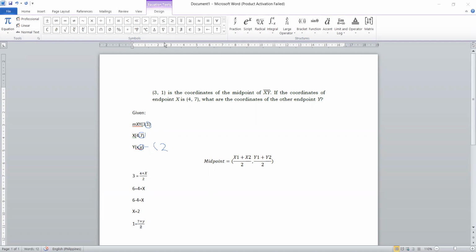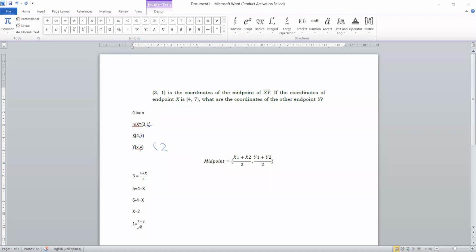So again, that's 1, the midpoint, is equal to your 7, which is the y coordinate of your endpoint X, and y is the y coordinate of your endpoint Y. So let's simplify that.